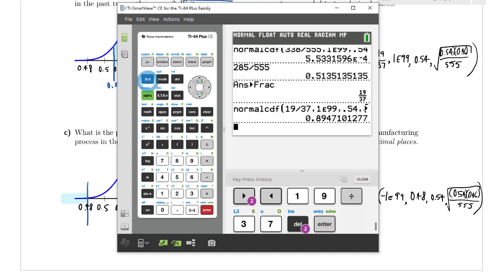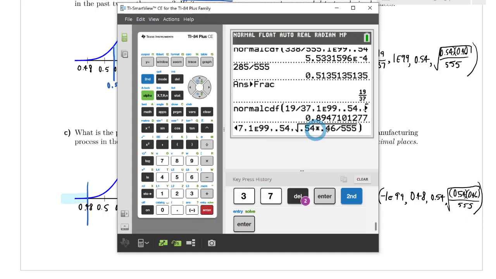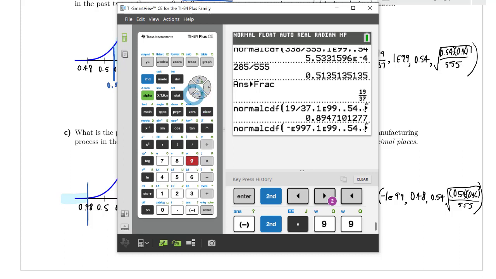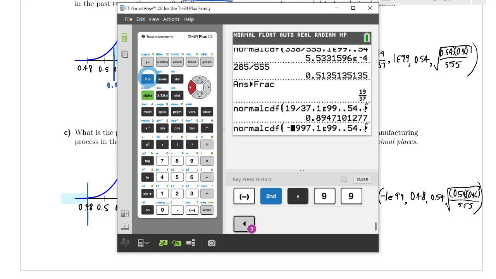Okay, so let's go ahead and put it in the calculator. I'm going to hit second enter, and it gives me again the same exact normal CDF, except now I'm going to edit these first 2 pieces, right? It was negative 1E99, and delete that 7.